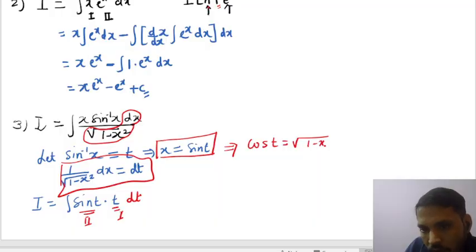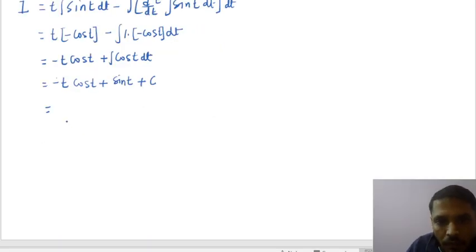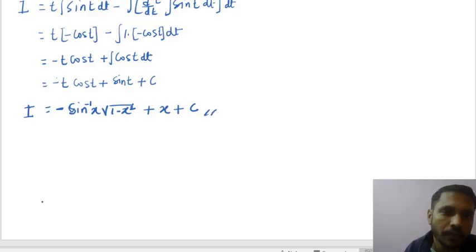So finally it becomes minus sin inverse x into under root of 1 minus x square, plus sin t, which is x, plus c. So this is the final integration answer. This is also simple, right?